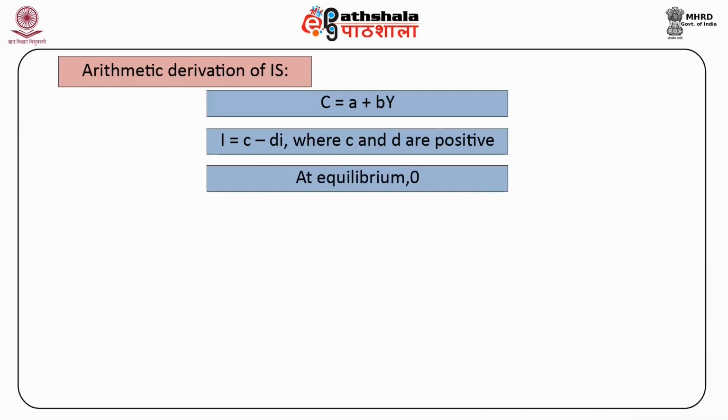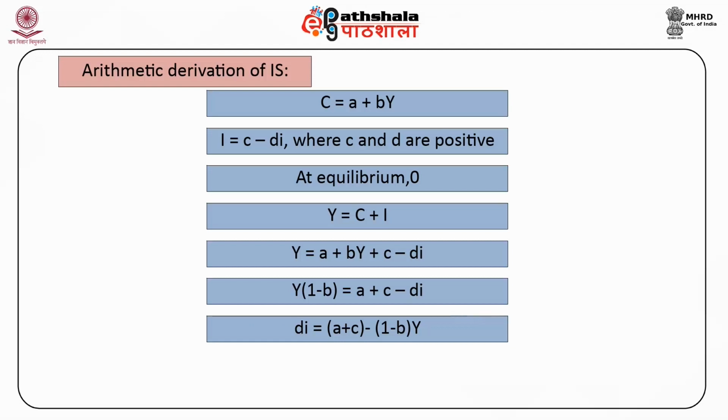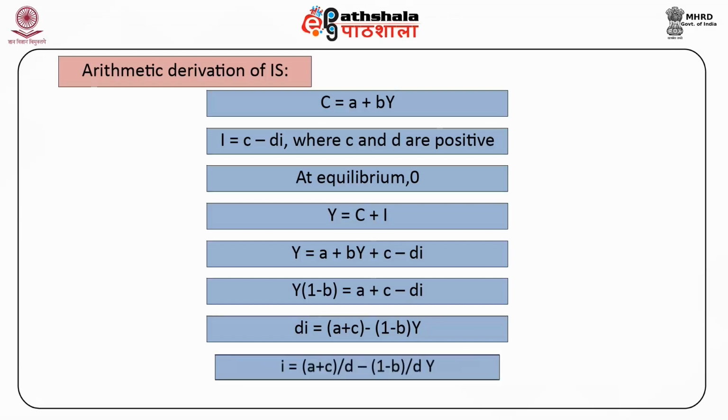At equilibrium, Y = C + I. Y = A + bY + c - dI. Y(1 - b) = A + c - dI. dI = A + c - (1 - b)Y. I = (A + c)/d - ((1 - b)/d)Y.